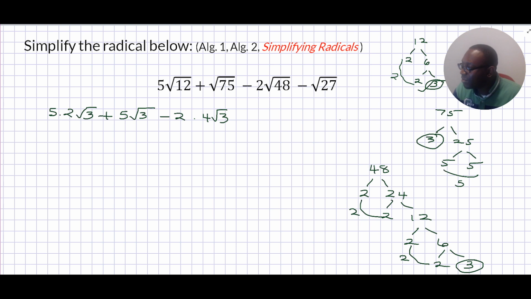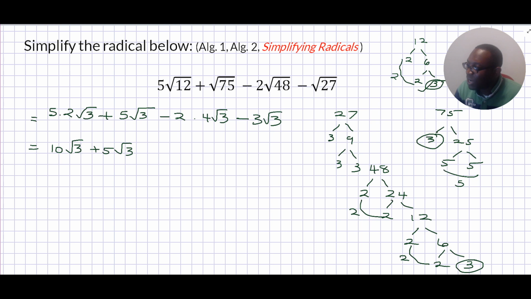And then 27, that's going to give us 3 and 9, and then 3 and 3. So this is minus 3 square root of 3. So now we have 5 multiplied by 2, we have 10 square root of 3, plus 5 square root of 3, minus 2 multiplied by 4, or negative 2 multiplied by 4, we have minus 8 square root of 3, minus 3 square root of 3.